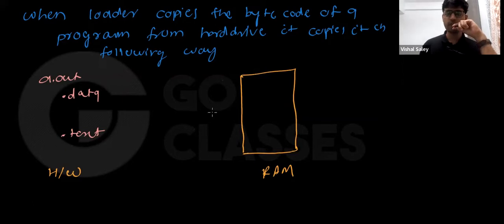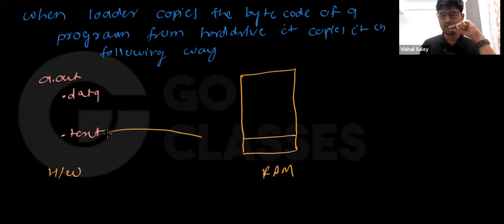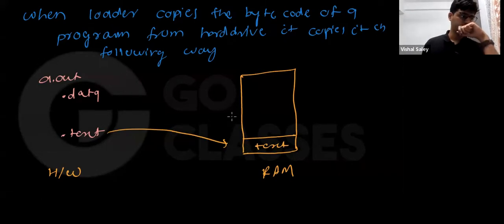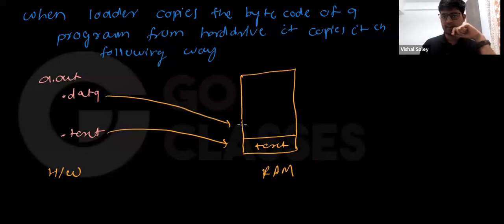So this is the portion of the RAM where the program should be, and the loader will copy the text here. Then there is this data. Data will be copied here. Then there are two additional sections. One of them is called stack.